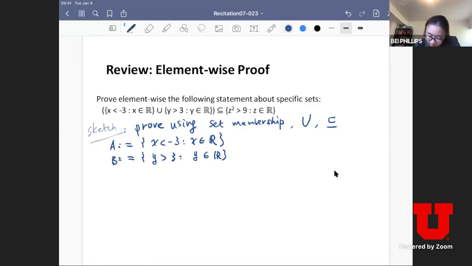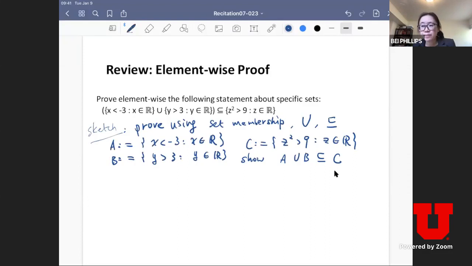And of course, set C is all the elements whose square is bigger than 9. So the problem is asking us to show that A union B is a subset of C. Do I have a volunteer to solve this problem? You can type or raise your hand.